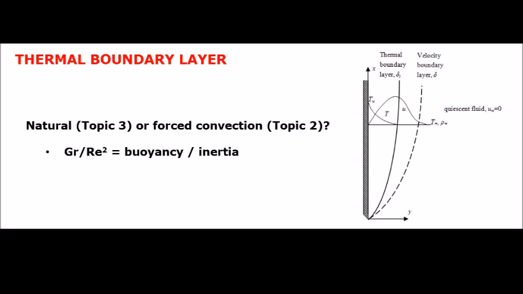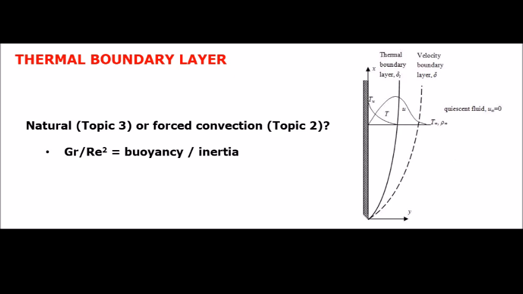So sometimes you could describe the whole process by a natural convection process. Sometimes you can describe the whole heat transport process by using a forced convection process. Sometimes both natural and forced convection take place in a significant way.